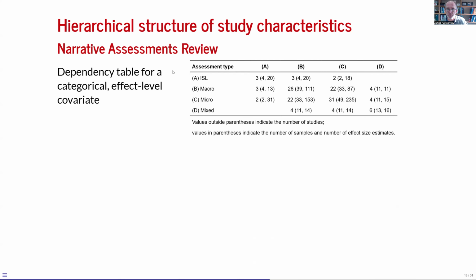We could, for example, allow for the variation in effect sizes for ISL to be different from the variation in macro, to be different from the variation in micro or mixed, and then also allow for correlation between the study level average effects for macro and the study level average effects for micro.